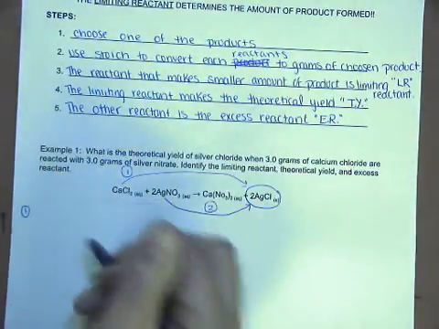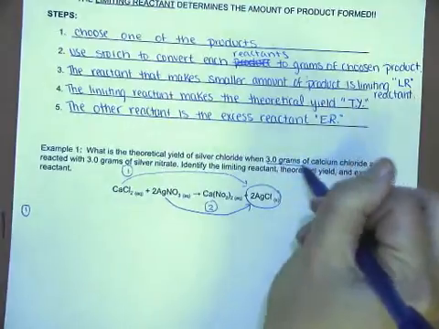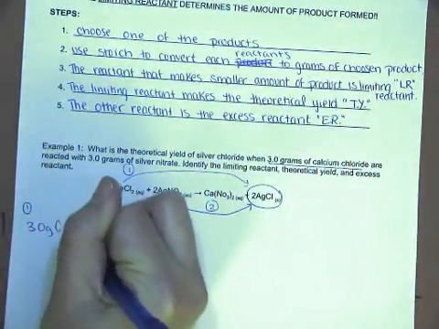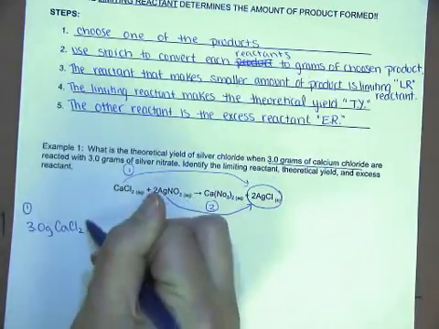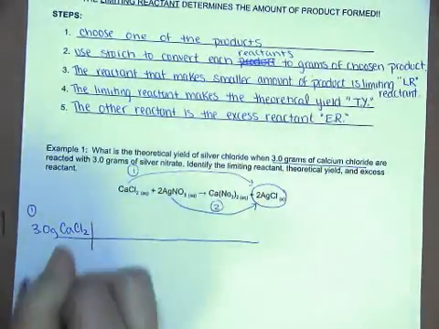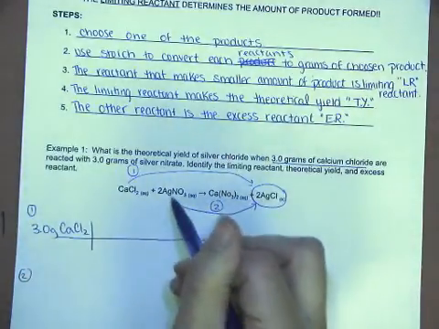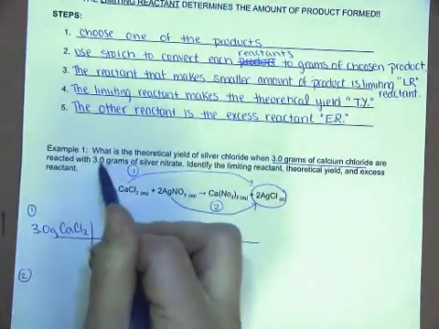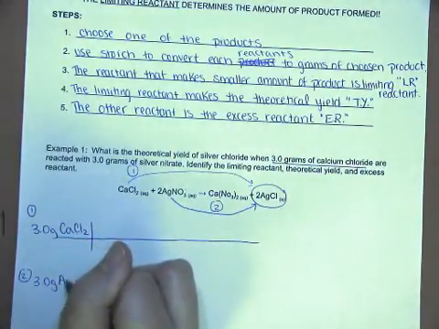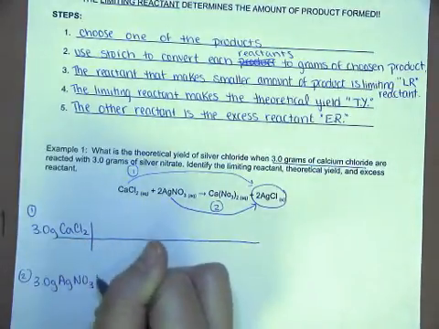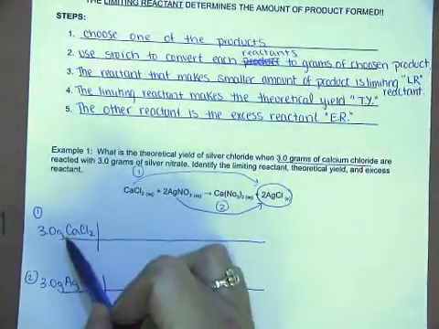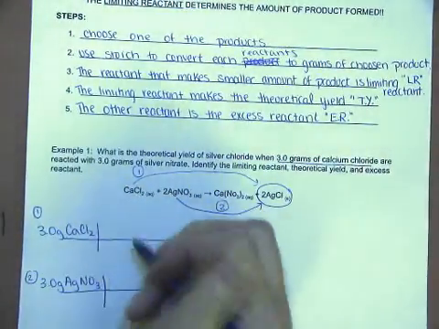So first, I'm going to take my 3 grams of calcium chloride, and my second one is my silver nitrate. I have 3 grams of silver nitrate. I need to convert that. So if we're going from grams, we first have to go to moles.